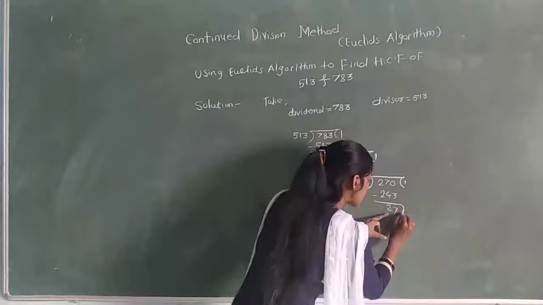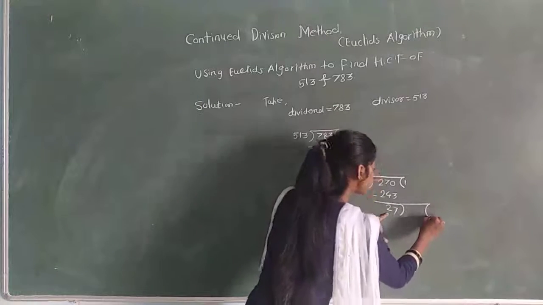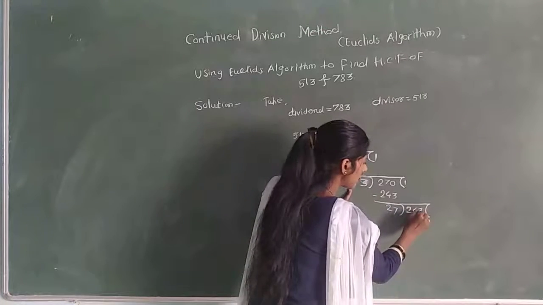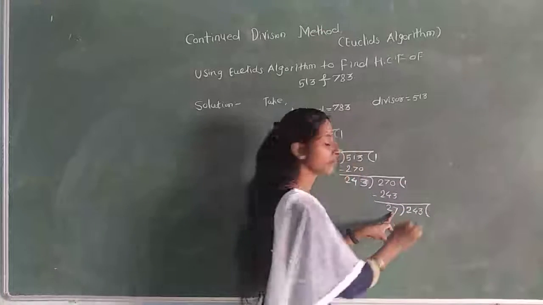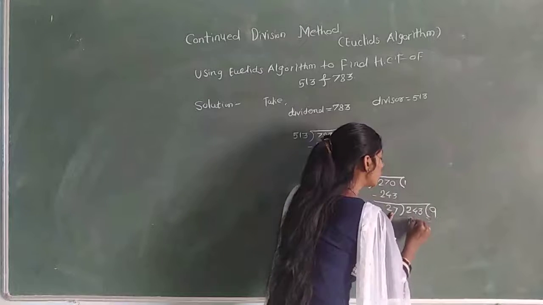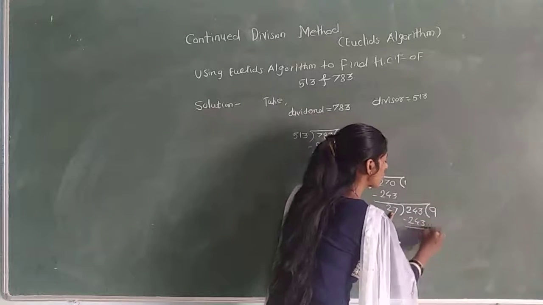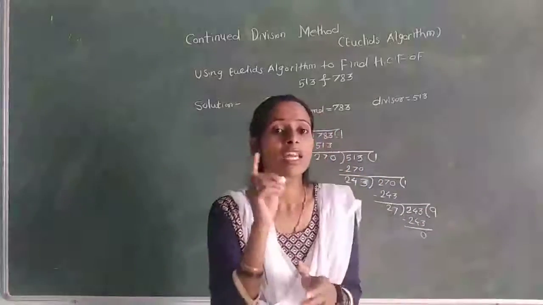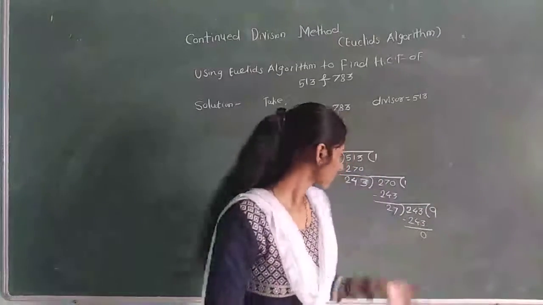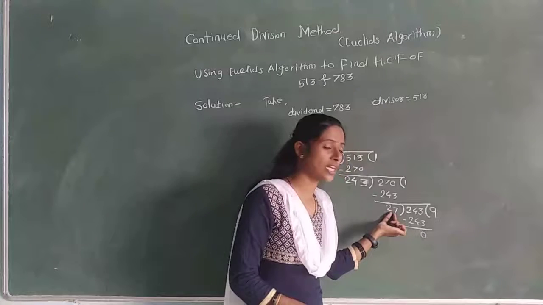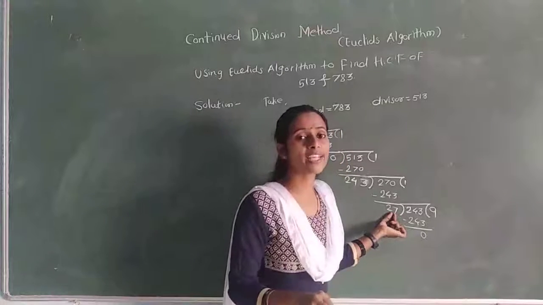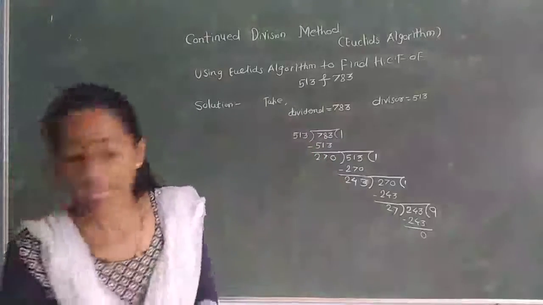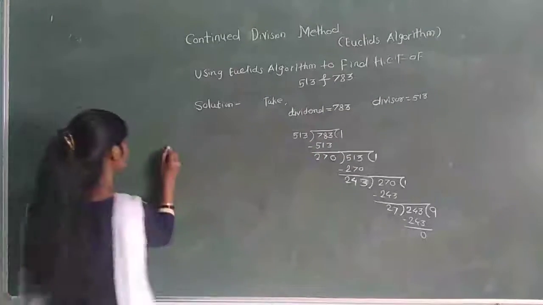This 27 is the divisor and the dividend is 243. Got it? Now 27 nines are 243. So 243 minus 243 is 0, which means the last step remainder is 0. Therefore the divisor 27 is your required SCF. Got it? Clearly the last divisor is 27.